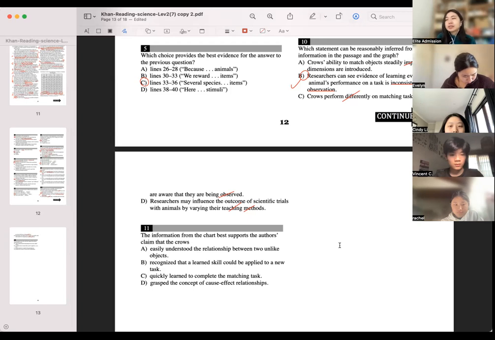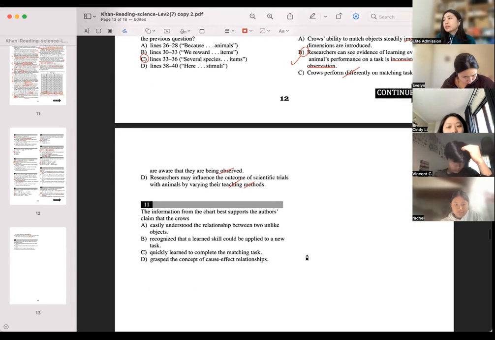A very important mindset on the SAT is to be flexible and open-minded. I think that's a good thing about the SAT as well: to really think critically, but also be very open to any options, any possible correct answers. Okay, any possibility. And question 11, the answer would be C.